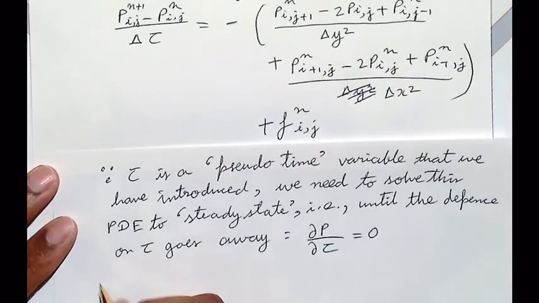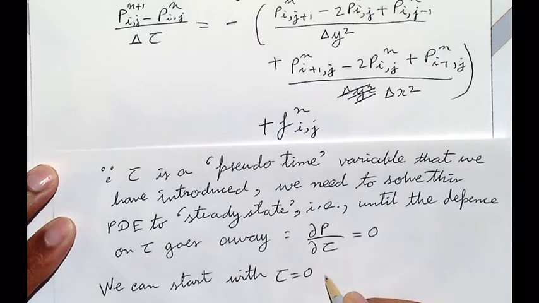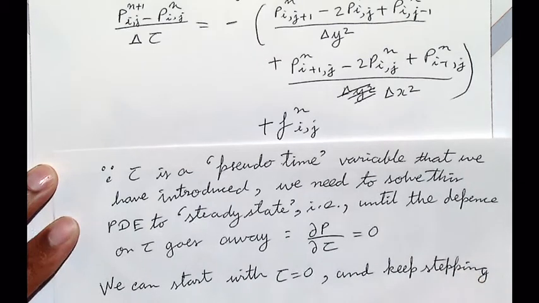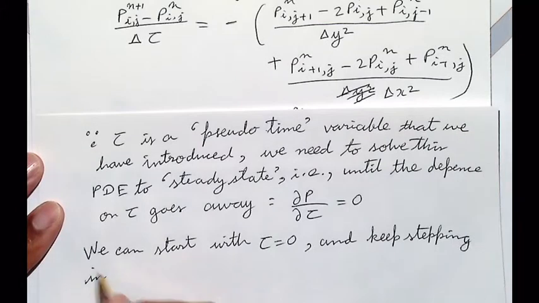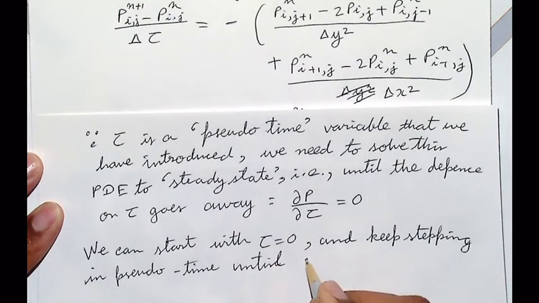Okay, so we can start with tau equals 0 and keep stepping pseudo time until convergence.